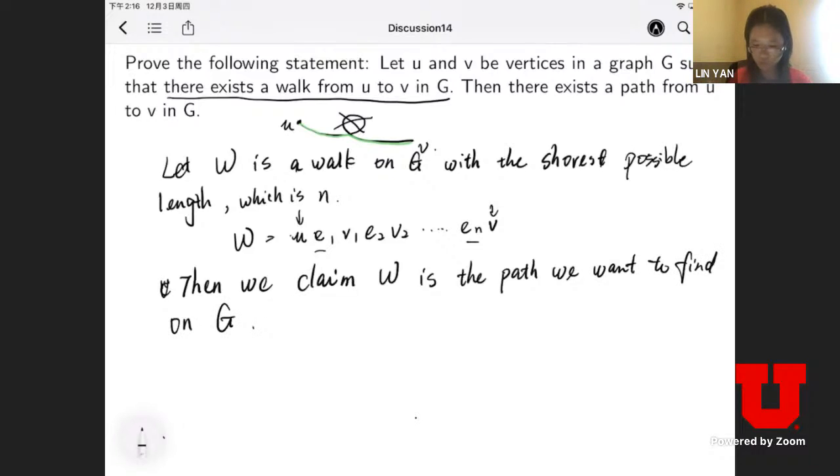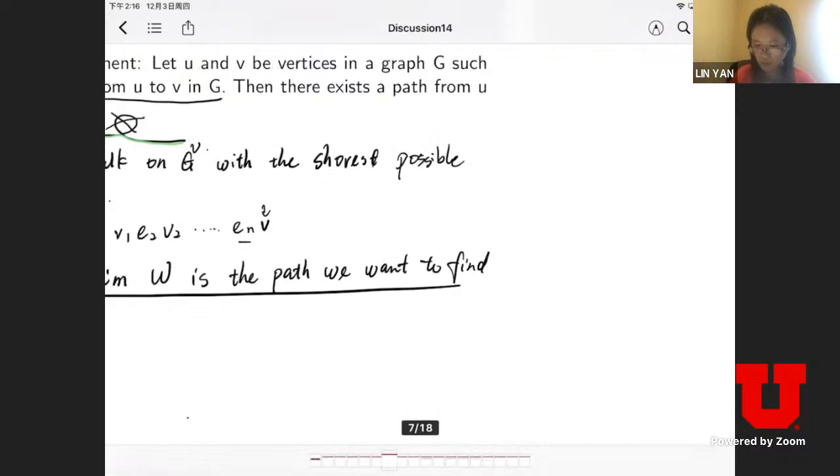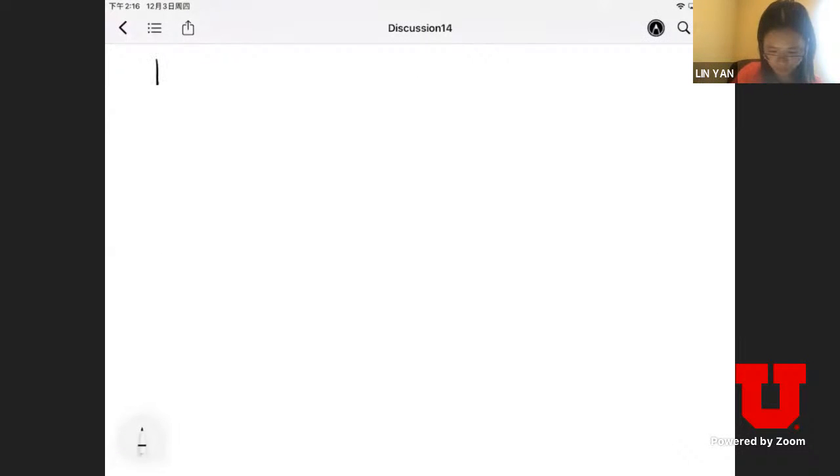Then we need to prove this claim is true. We can prove it by contradiction. So what is a path? A path is a walk with no repeated vertices.